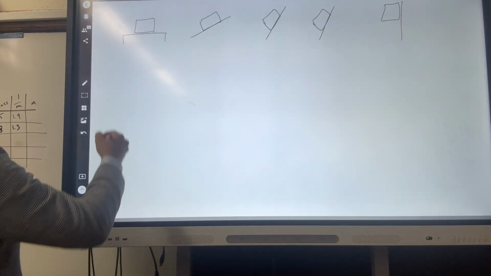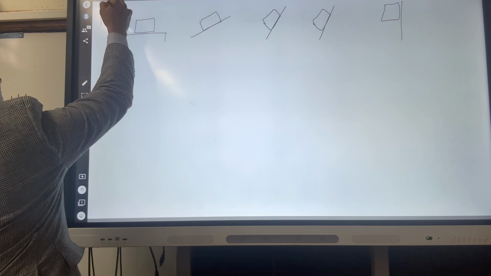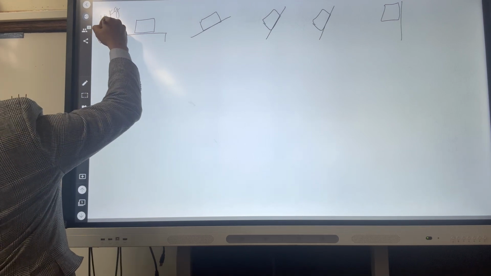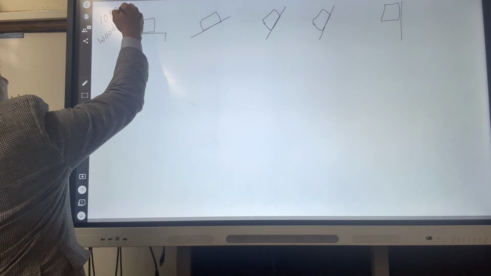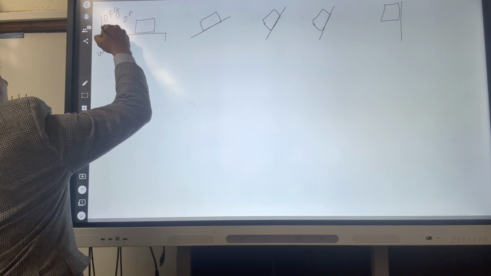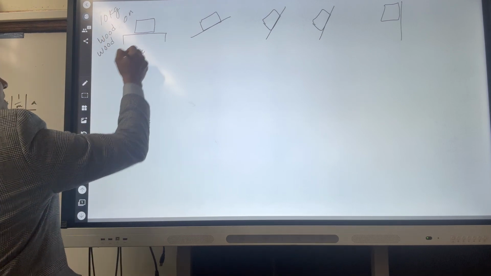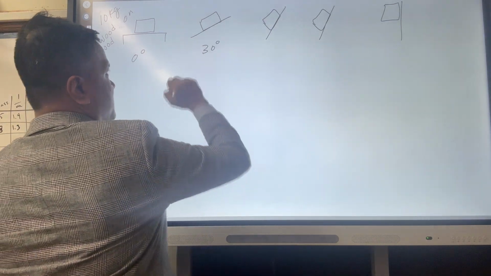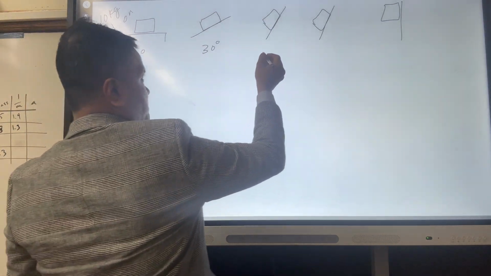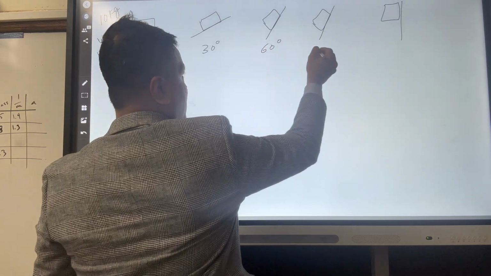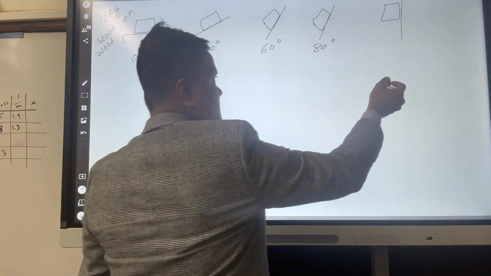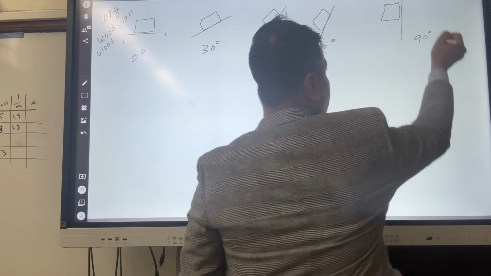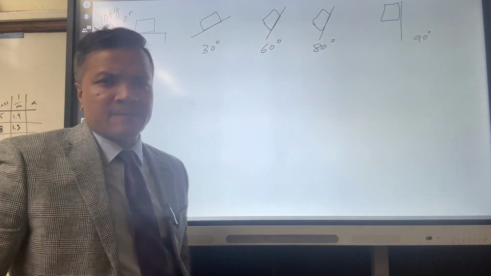The object is 10 kilogram, wood on wood. Zero degrees with respect to the x-axis, 30 degrees with respect to the x-axis, 60 degrees, 80 degrees, and 90 degrees with respect to the x-axis.